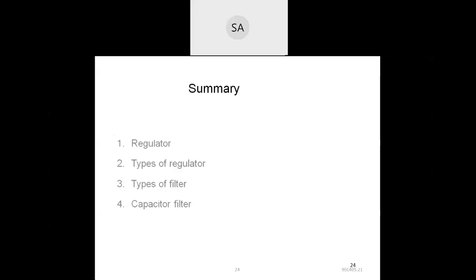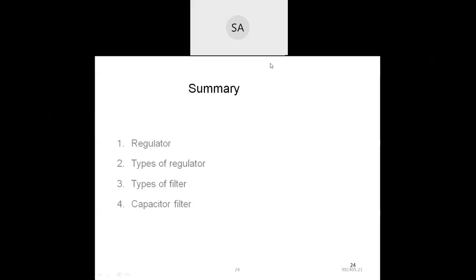These are the topics we discussed in today's lecture. A regulator is defined as something which provides a constant DC output irrespective of the load variations. The types we discussed are shunt type regulators, series type regulators, inductor input filters, capacitor input filters, and CRC filters.